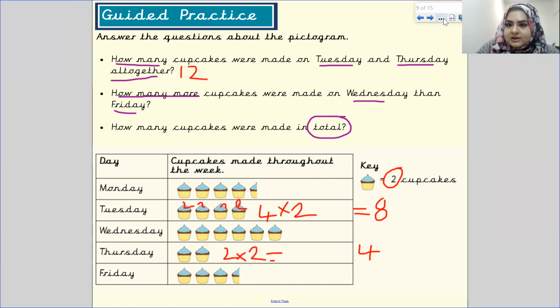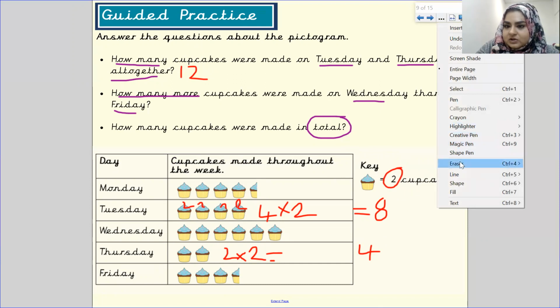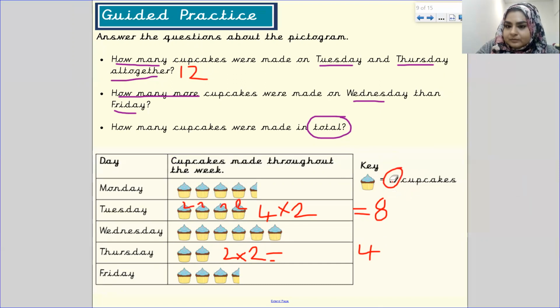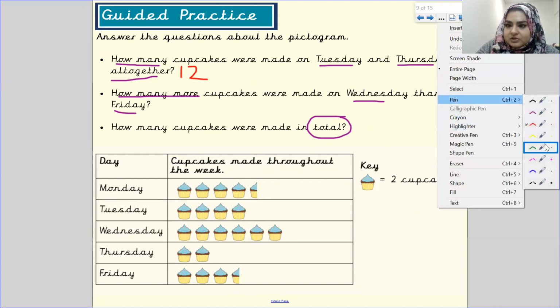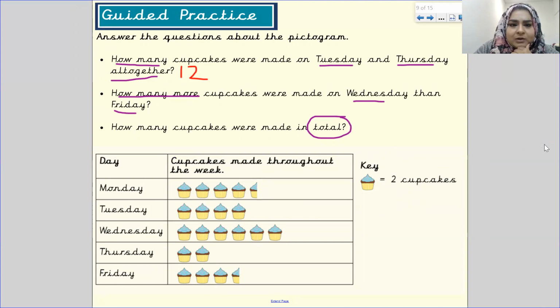Okay, now let's work out question number 2. So question number 2 says, how many more cupcakes were made on Wednesday than Friday?